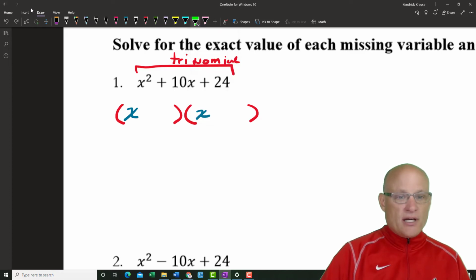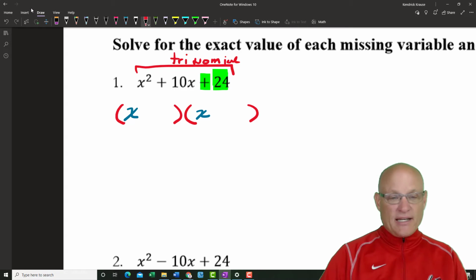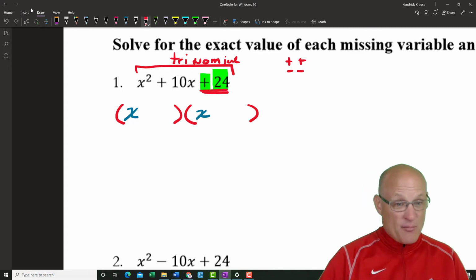And this, it's really a positive 24. So I'm not going to get into too much, but in order to multiply to a positive, you need two positives or two negatives. Okay? So I need a way to multiply to positive 24, but because this is a plus sign, I want them to add up to 10.